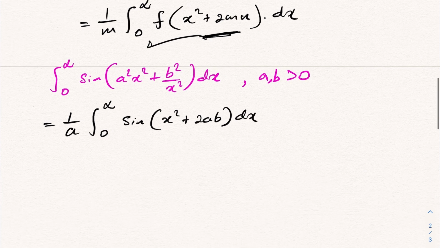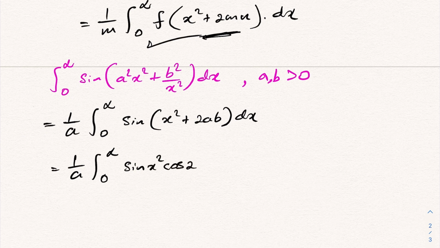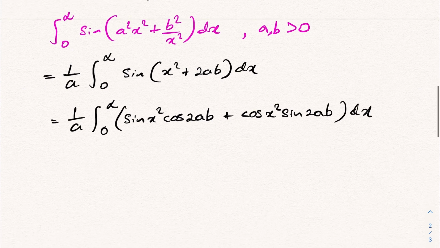Then using a trigonometric formula, we can express sine of (x square plus 2ab) as sine of x square cosine of 2ab plus cosine of x square sine of 2ab times dx. Now cosine of 2ab and sine of 2ab are constants, so we can take them outside of the integral sign.